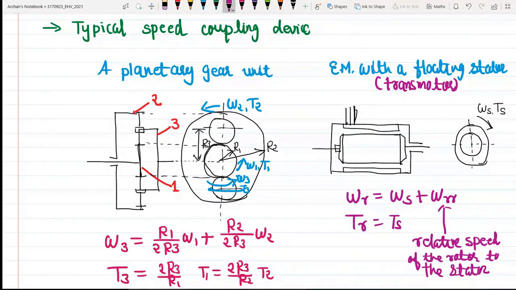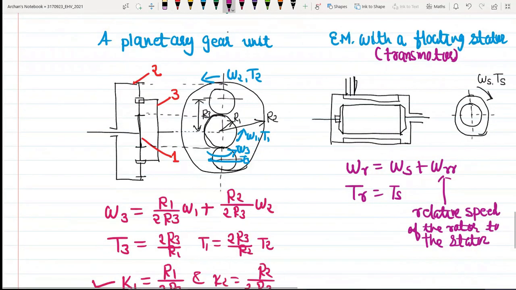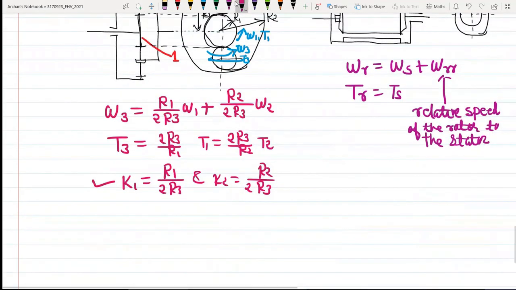So here, through this rotor and the air gap, electric energy is converted into mechanical energy. Okay? So the motor speed in common terms is nothing but the relative speed of the rotor to the stator. And because of this action and reaction effect, the torque acting on the stator and rotor is always the same, and it results in the constants K1 equal to 1 and K2 equal to 1.